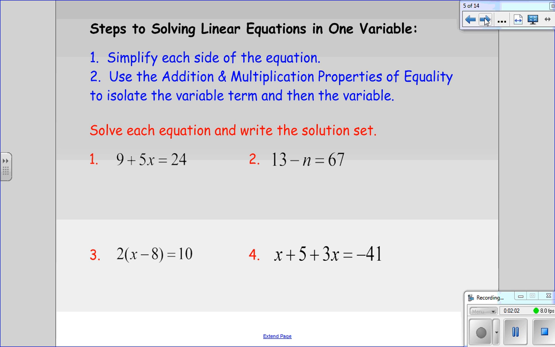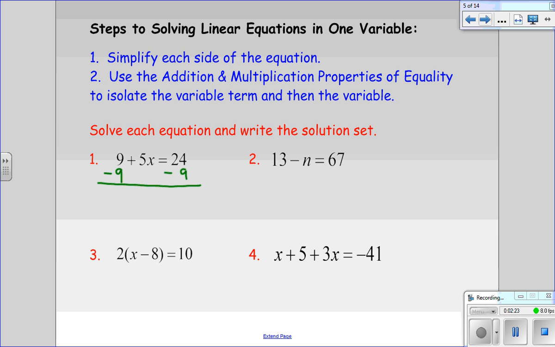Example 1, we first look to see if we can simplify each side of the equation, but each side of the equation is already simplified. Therefore, we begin by isolating our variable term of 5x, and to do that, we subtract 9 on each side.